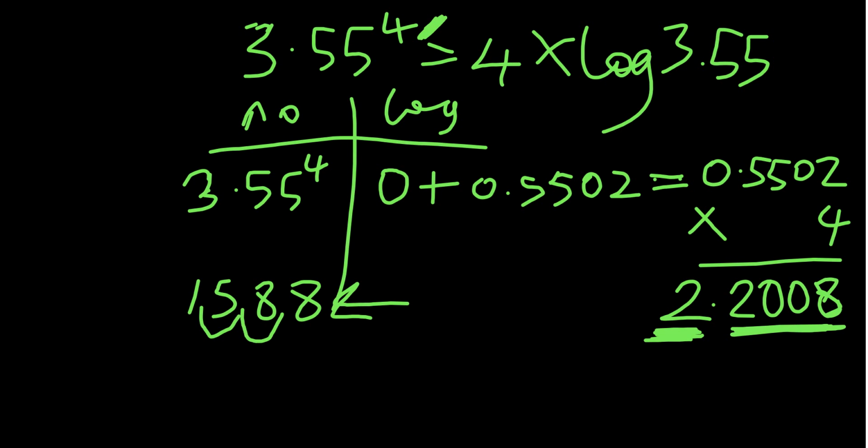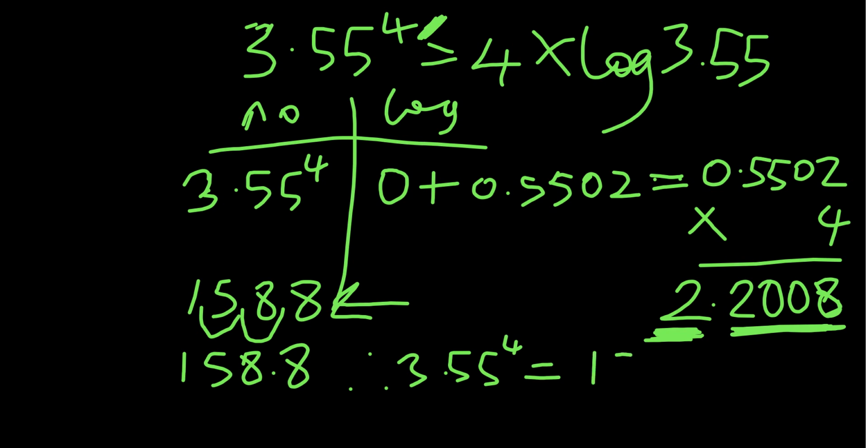So we have 158.8. Therefore, 3.55 raised to power 4 is equal to 158.8. So we may have to solve more questions to have this registered in our mind.